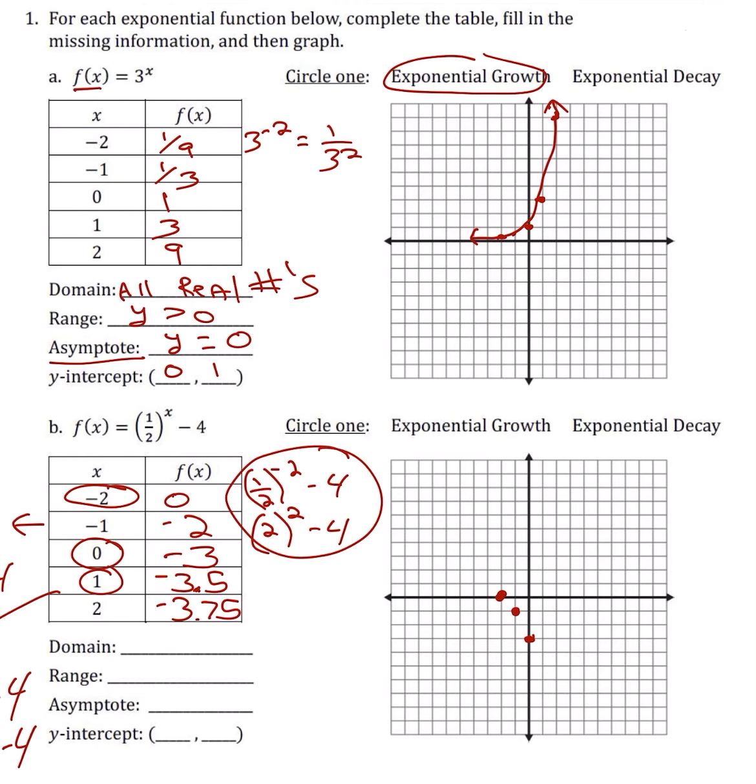When x is 1, y is -3.5. And when x is 2, y is just a little bit lower than that, like -3.75.